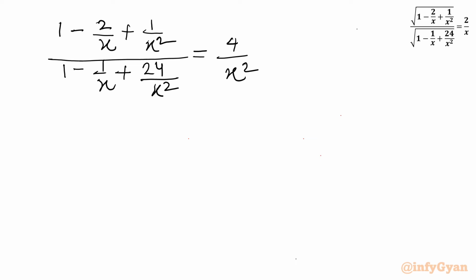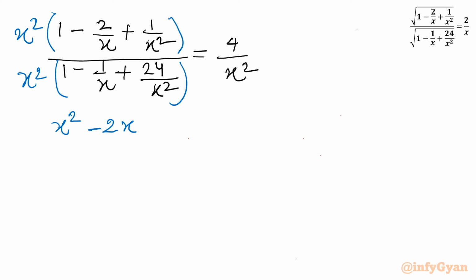Now let's multiply the numerator and denominator in the LHS by x square. Expand now. So I can write x square times 1 is x square, minus x square times 2 over x, so it will be 2x, plus 1, divided by x square minus x plus 24, equal to 4 over x square.